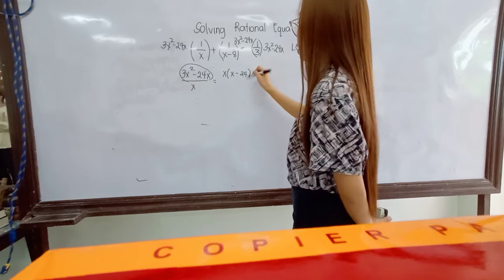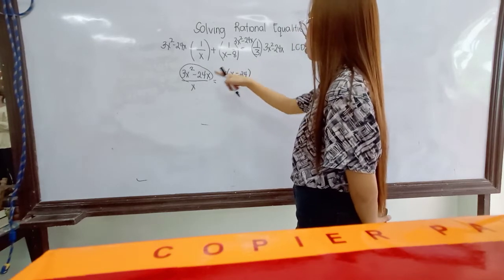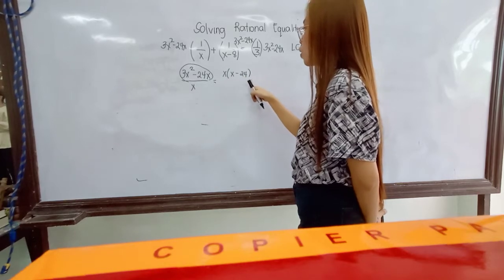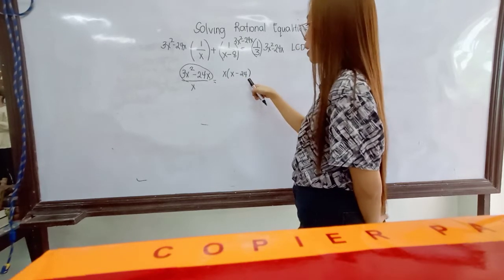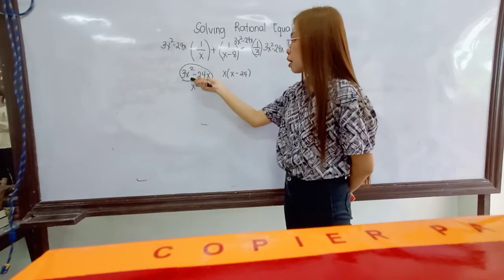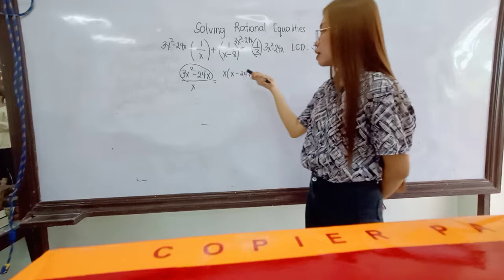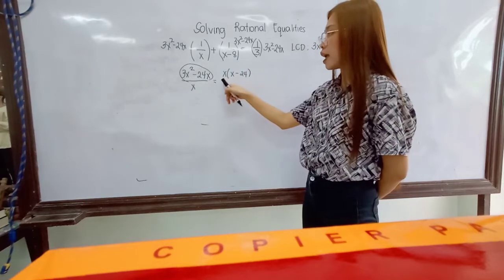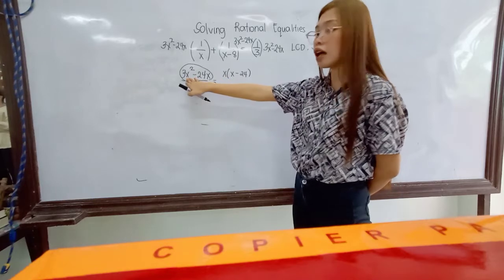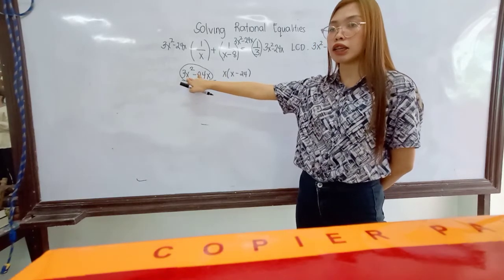Okay, so that is x times 3x squared... pinactor out ko lang po, tingnan natin maigi. So we have 3x squared minus 24x. I just isolate x, or nilabas ko lang si x, pero the same lang siya dito sa expression na to.